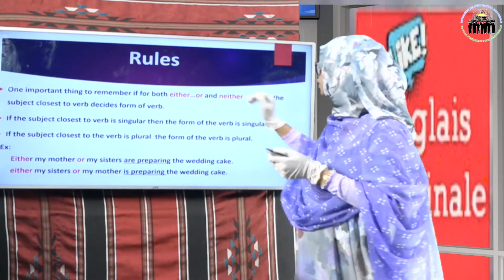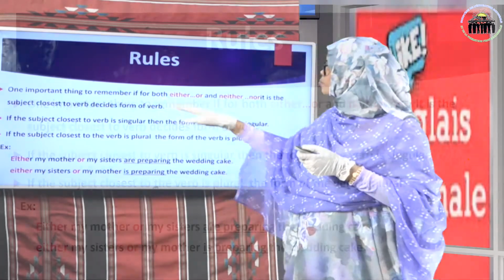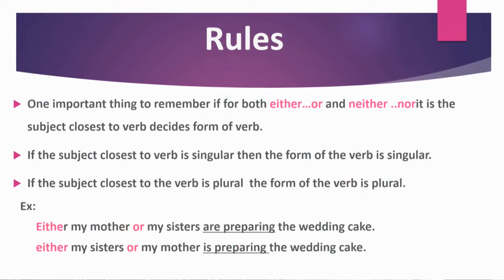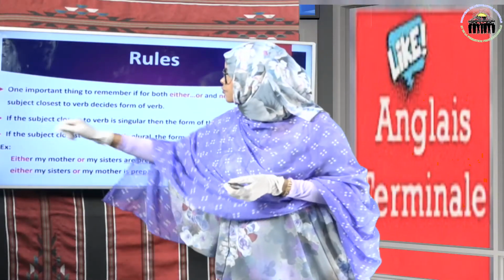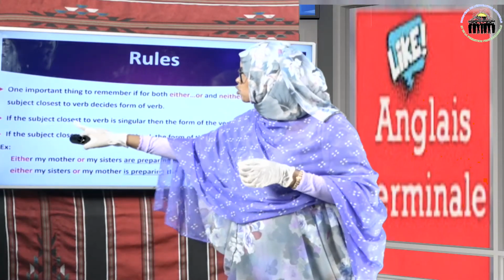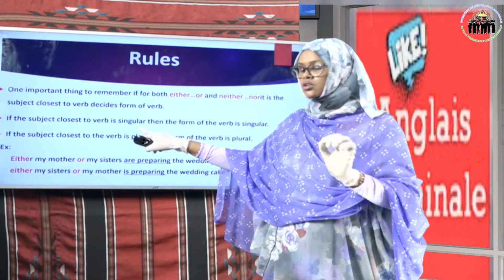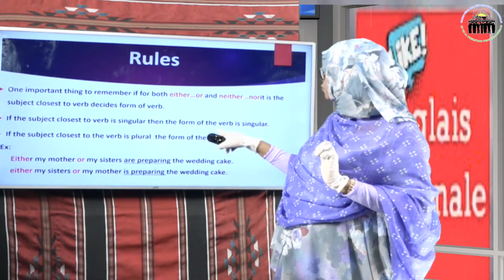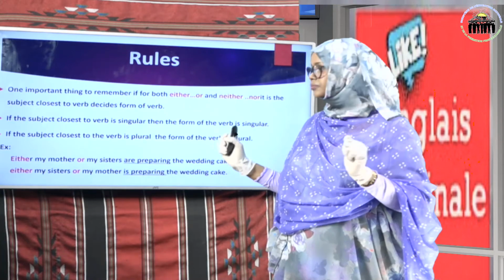Just an exception. One important thing to remember is for both either or and neither nor, it is the subject closest to the verb that decides the form of the verb. Which means, if the subject closest to the verb is singular, then the form of the verb is singular.